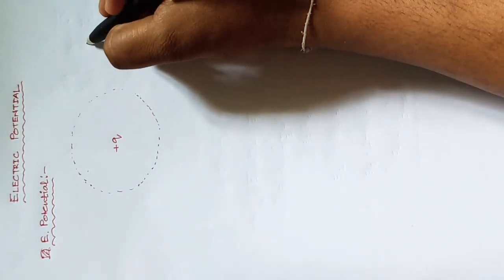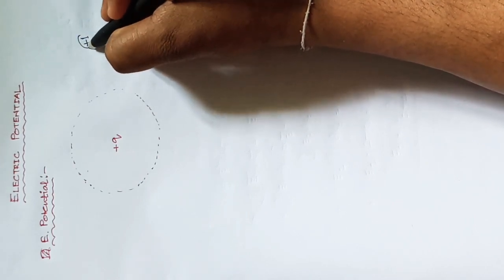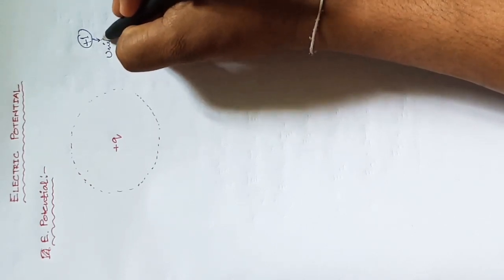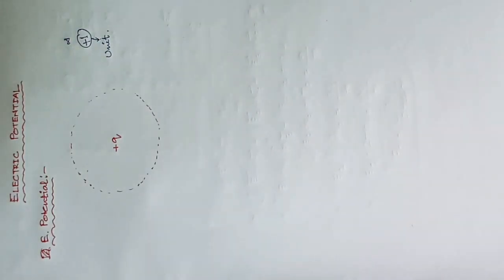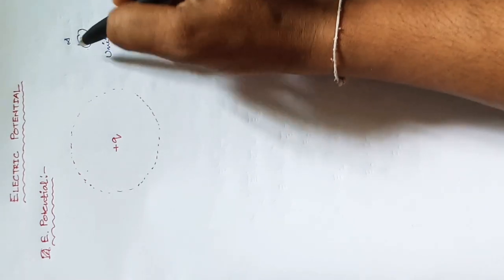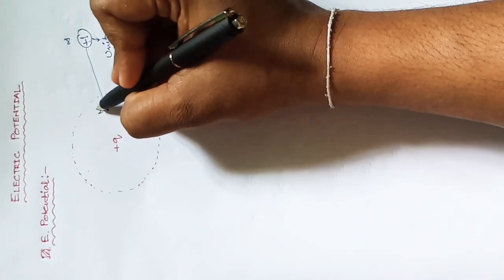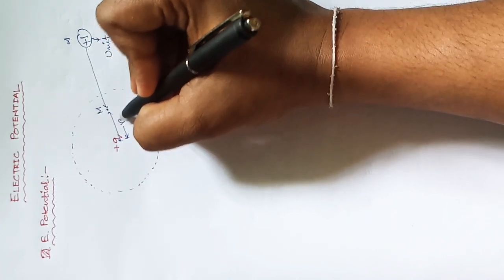Now if we are having a unit isolated free positive test charge, which is initially at an infinite distance, the work done to bring that charge from infinity up to a point within the electric field of that charge is called electric potential.